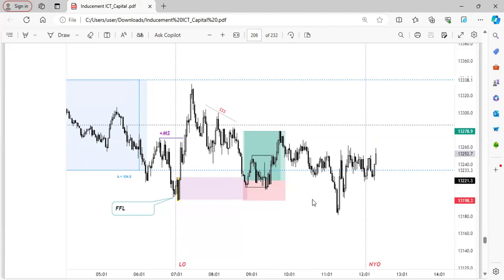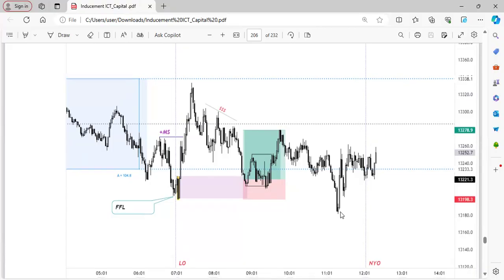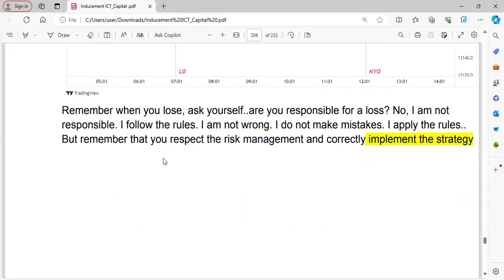If you don't take profit, the market will take you out of a winning trade. That's why it's good to have a take profit. If you don't, the market will take away so many things you didn't realize. So you have to be aware of this as well.